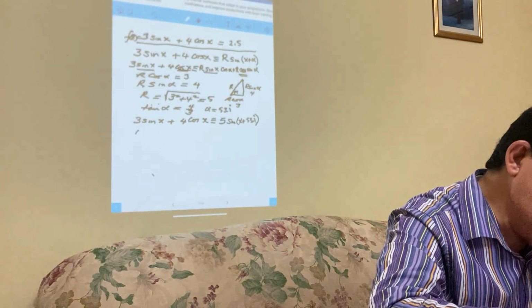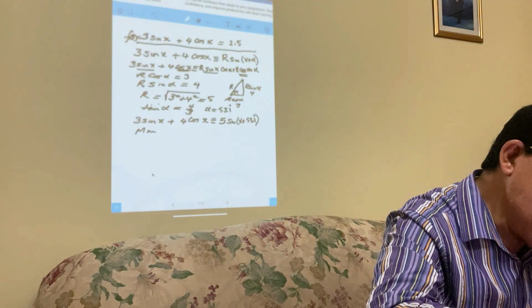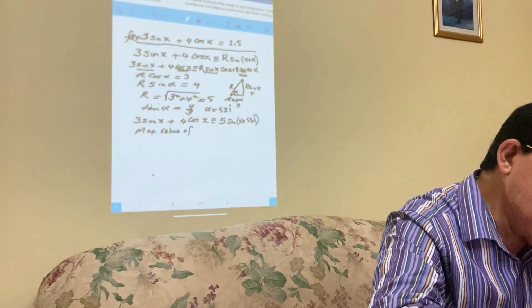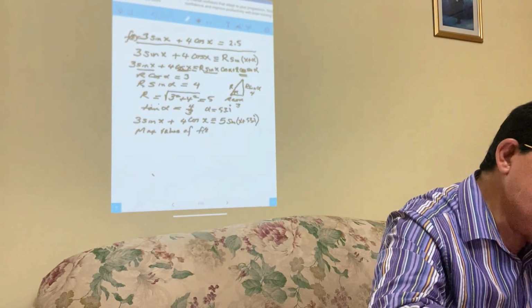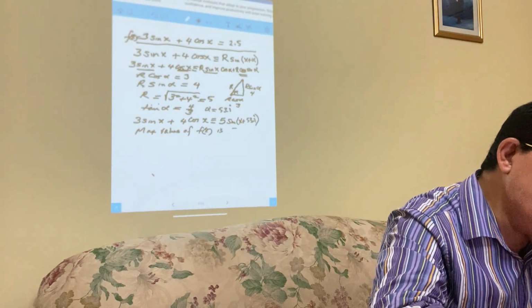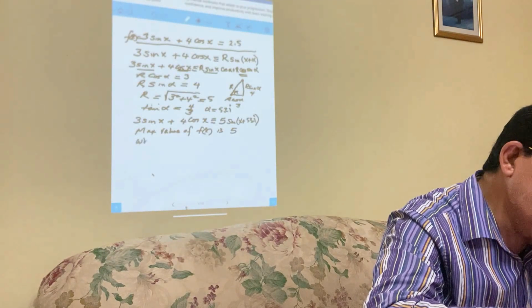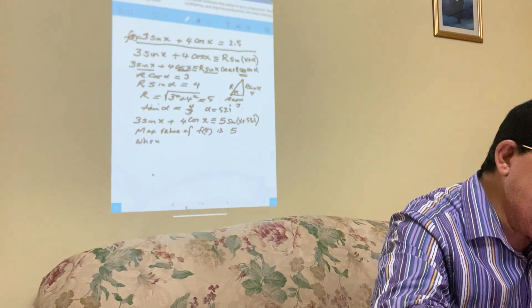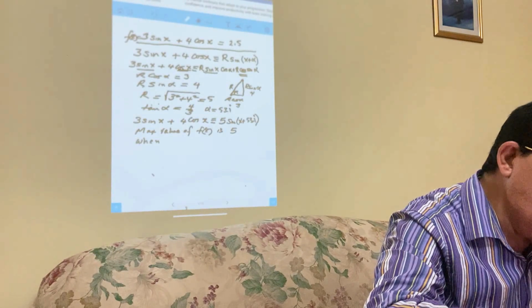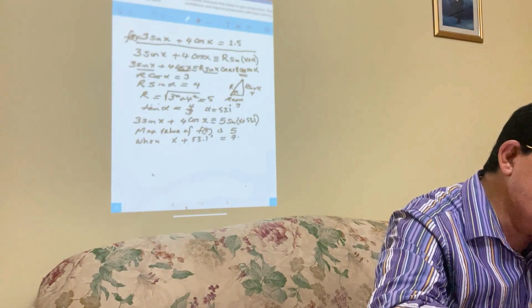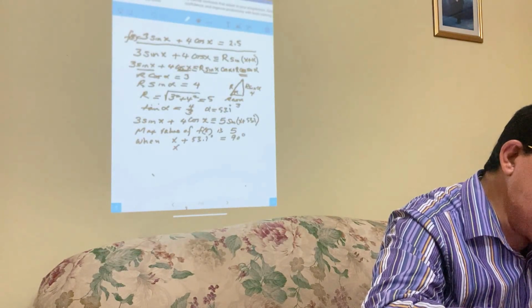Therefore, the maximum value of f of x is 5. When does it happen? When that angle is 90 degrees. When x plus 53.1 degrees equal 90 degrees. Yeah, when x equal 36.9 degree.